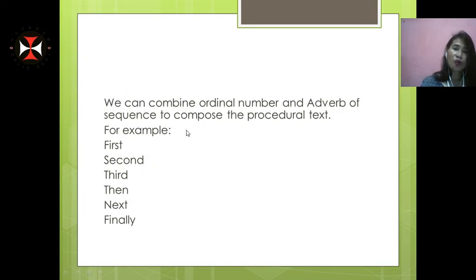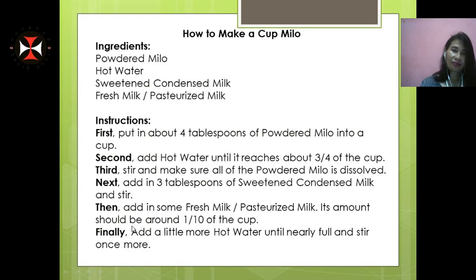We can combine ordinal numbers and adverbs of sequence to compose procedural text. For example, first, second, third, then, next, finally. This is an example of procedural text.